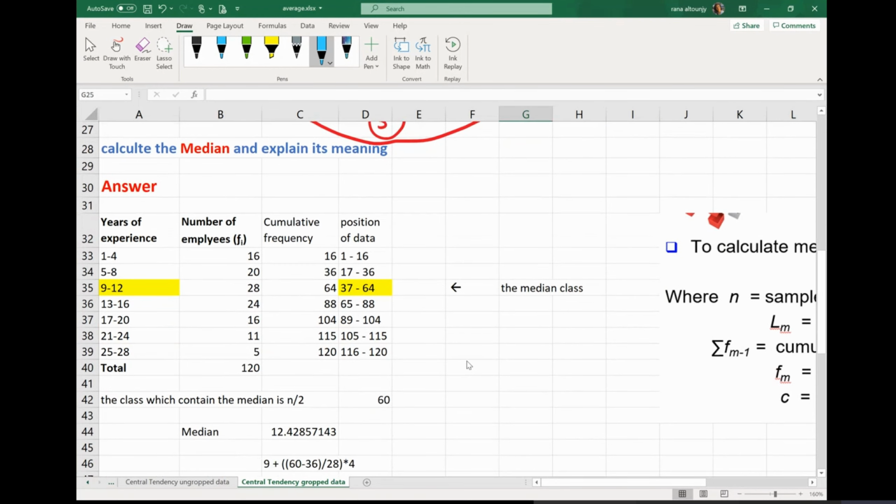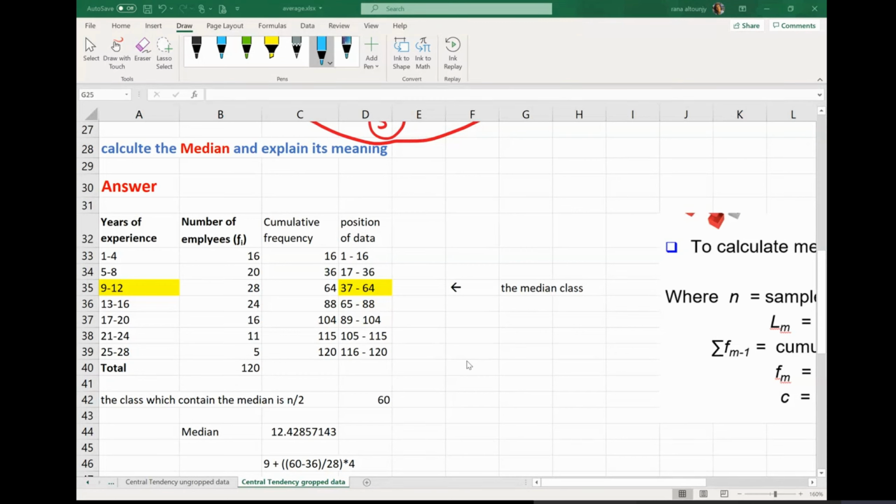Let's calculate the median. Yesterday, for ungrouped data, we did descending or ascending order and found the point in the middle. If we have an odd number of values, it is the middle point. If we have an even number of values, it is the average of the two numbers in the middle.